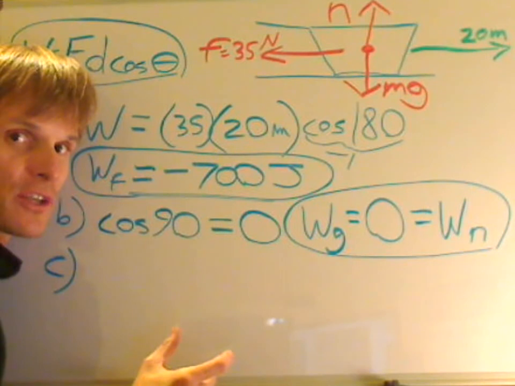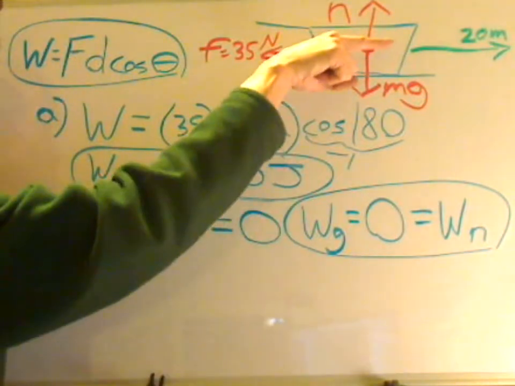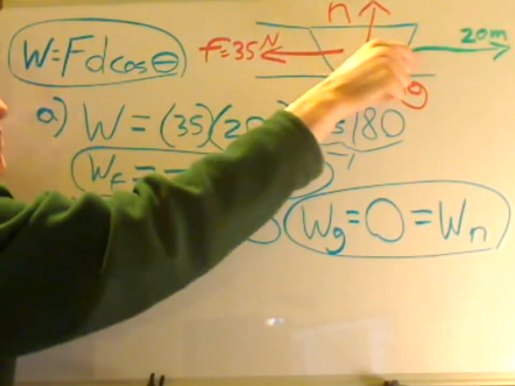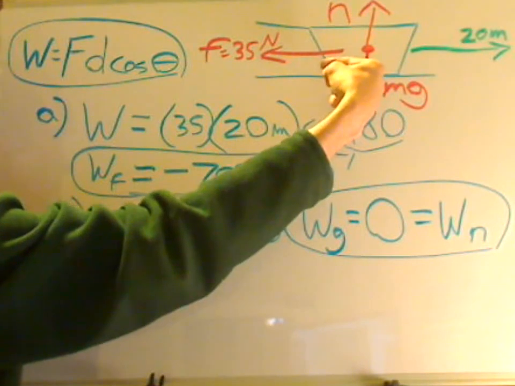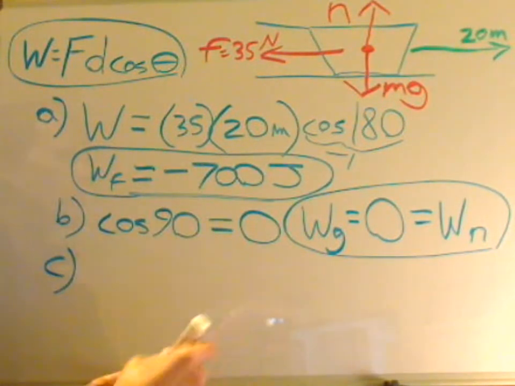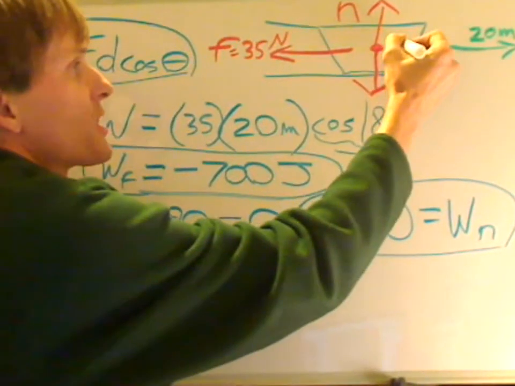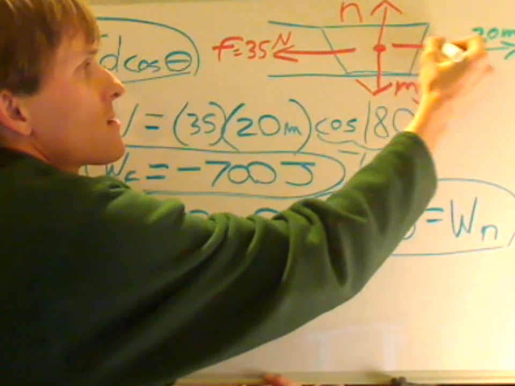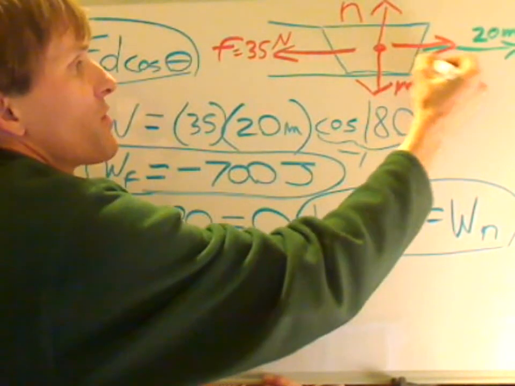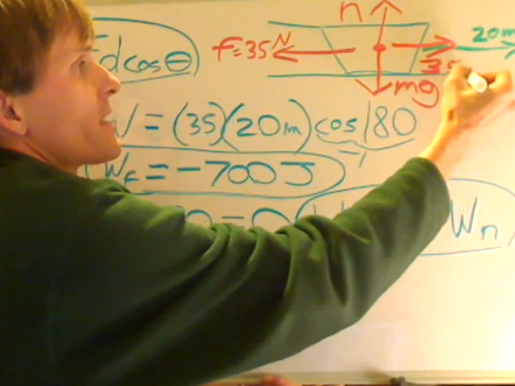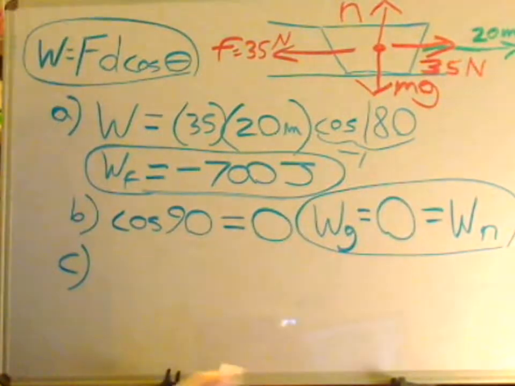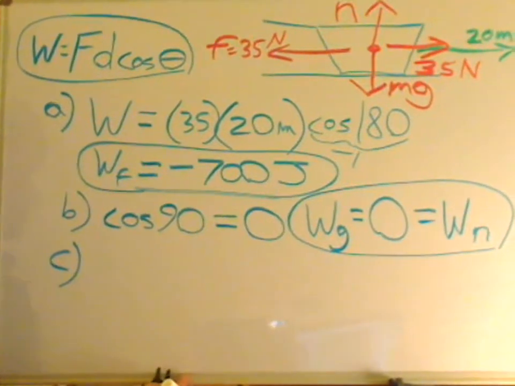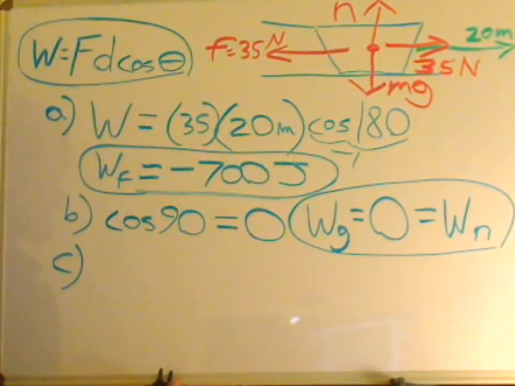If the acceleration of the cart is 0, that means the shopper's push is just matching the friction force. So therefore, our shopper here is pushing to the right with a force of 35 newtons, exactly equal to the friction force.